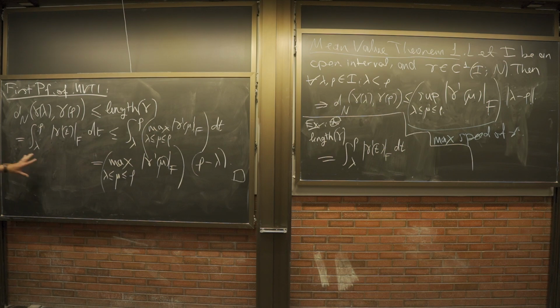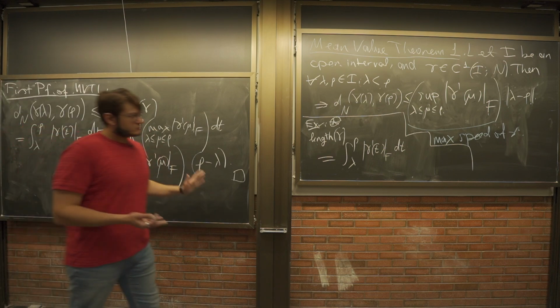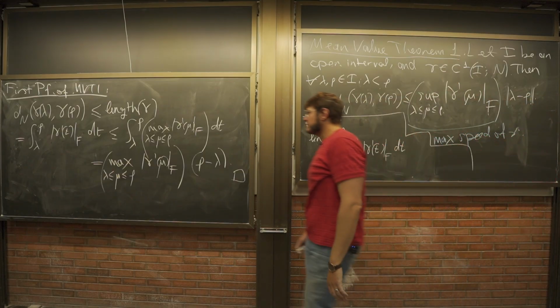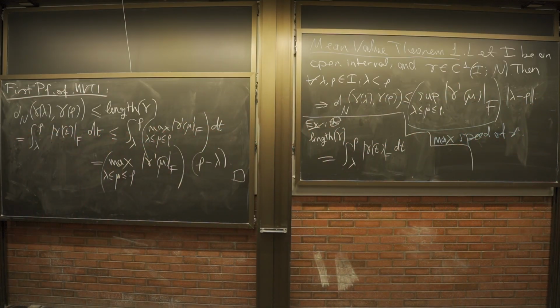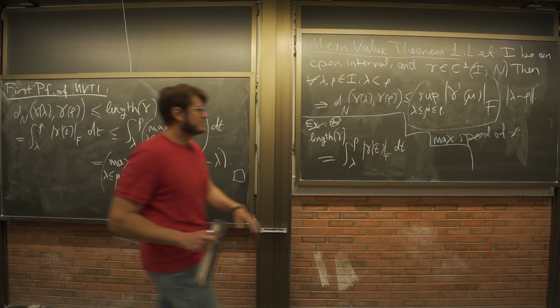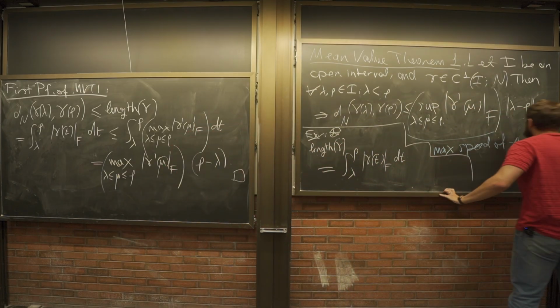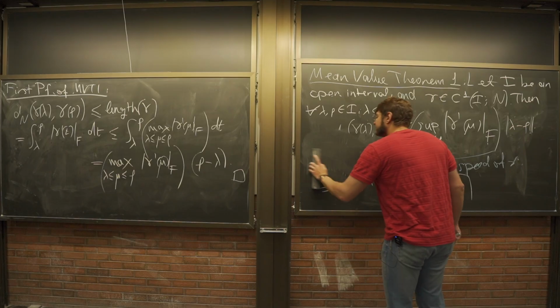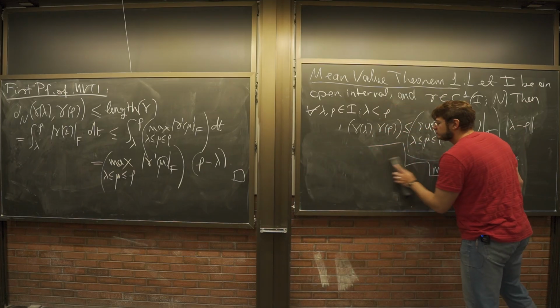Now, the second proof doesn't use this. We're going to have to use sort of the C1 property or differentiability property of gamma. 5 minutes probably it's not going to be enough, but let's think about it. Now we're going to have to open up the definitions and use epsilons and deltas.